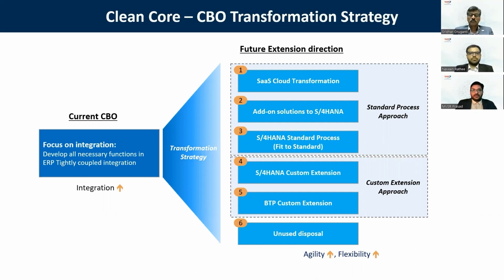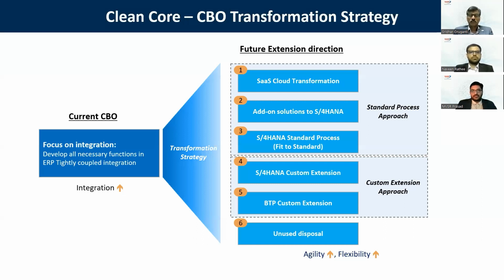As you know, there are 6 points we highlighted when it comes to the standard process approach, like SaaS cloud transformation, because SAP already has SuccessFactors, Ariba, Concur. These are all cloud-ready SaaS solutions, where the majority of SAP customers are being transformed into these cloud-ready solutions when it comes to human experience management, or even the Ariba aspect, the supplier aspect.